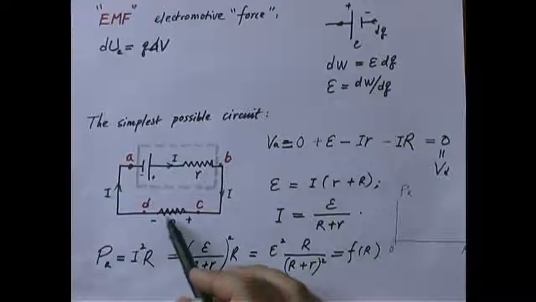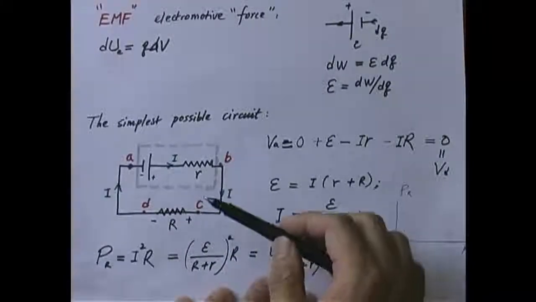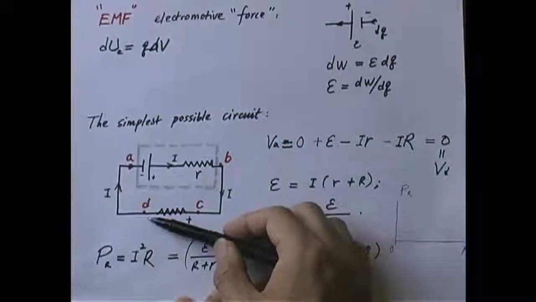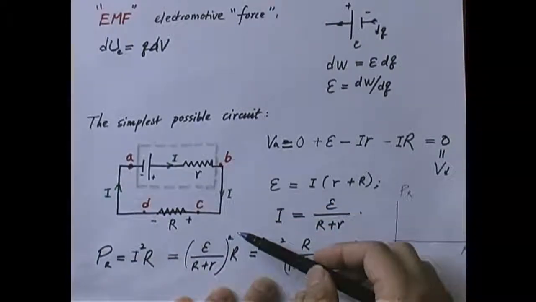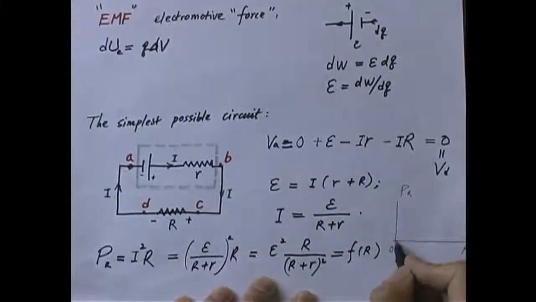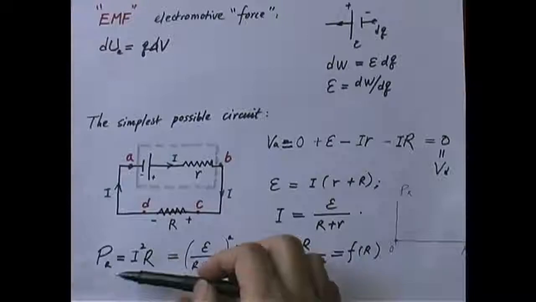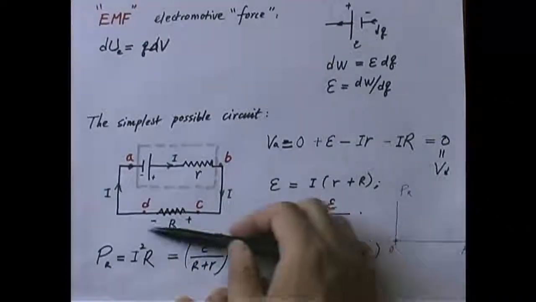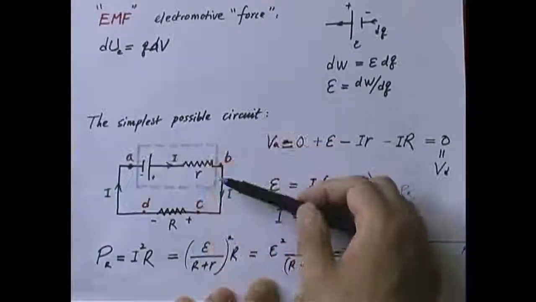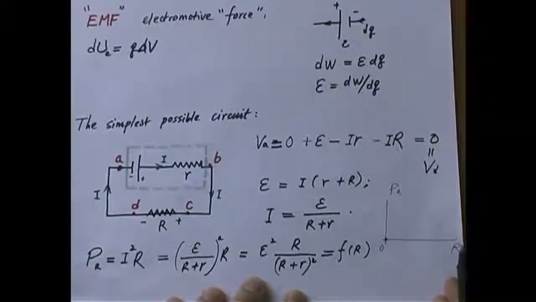If R is 0, then of course there is no potential difference between points C and D, and therefore there is no heat generated. So P will be 0 here. On the other hand, if R goes to infinity, what happens to the power? Well, no current can flow whatsoever. I will be 0, so would be P. So you got a 0 here and 0 there. It's 0 at both extreme ends.